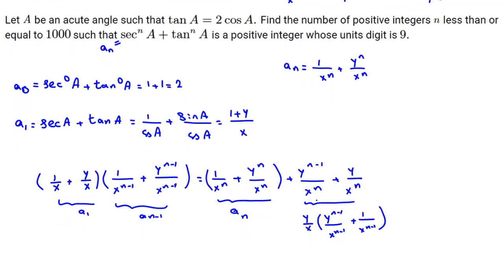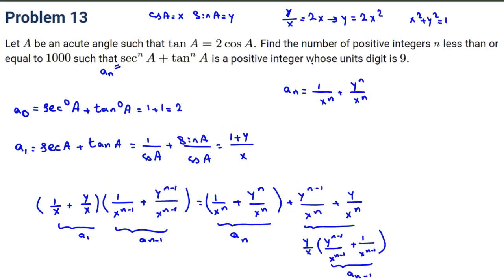Now we can conclude. It is what? This part is again a_(n-2). Y over x is what? We know that y over x is 2x. It is n minus 2, because it is n minus 2 and we want to use an, we factor from x squared.